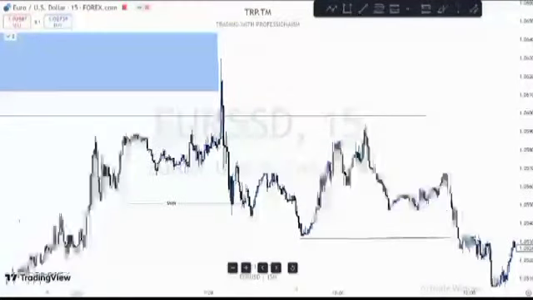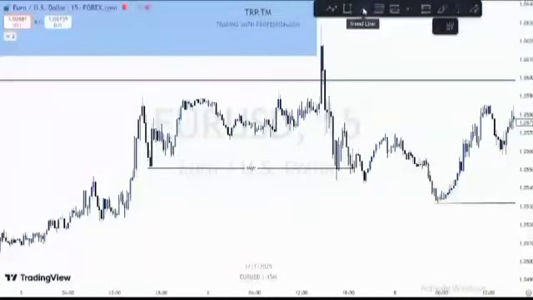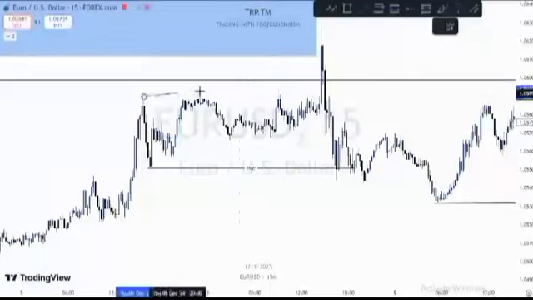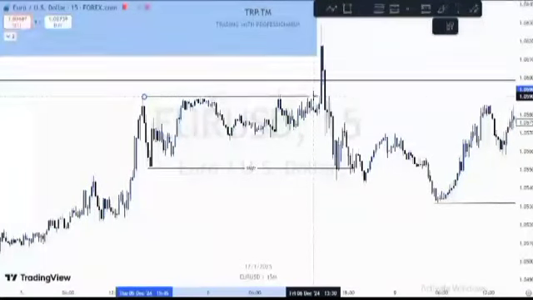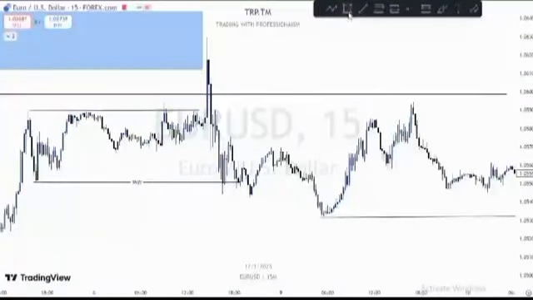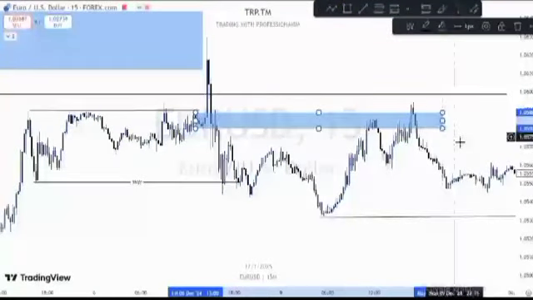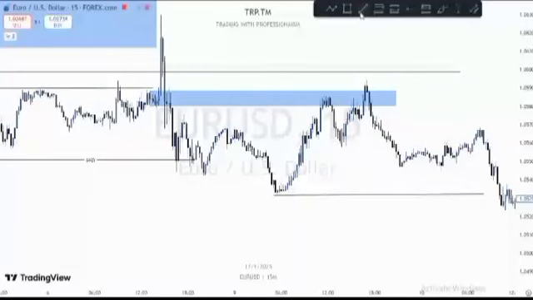Then once again you see a breaker block entry model. A breaker block, break of here, then shift of market structure. The market comes back to the intended order block, using this as inducements.